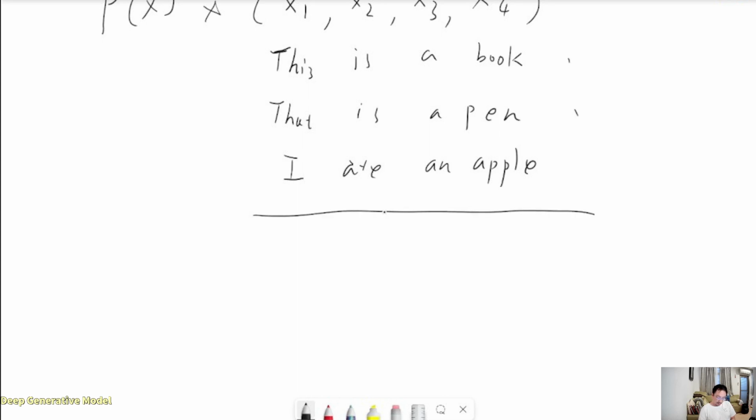So this one is more likely to happen because it is a valid English sentence. When people write 4 words and it has to be an English sentence, it has a decent chance to appear.